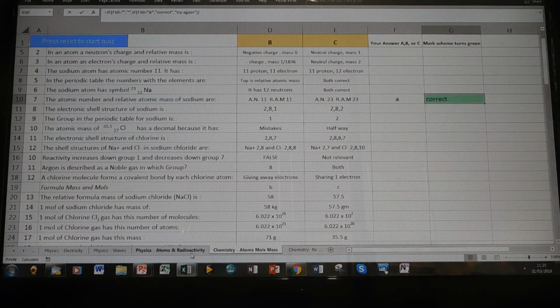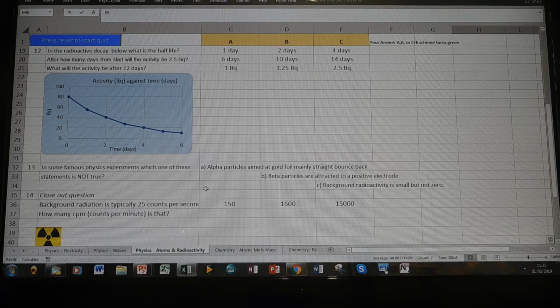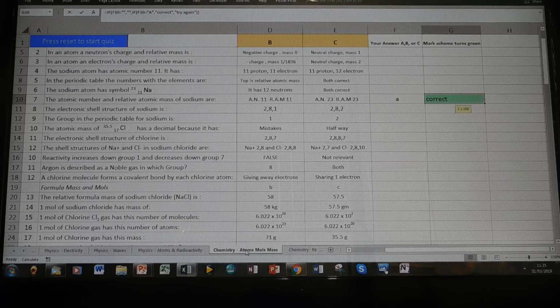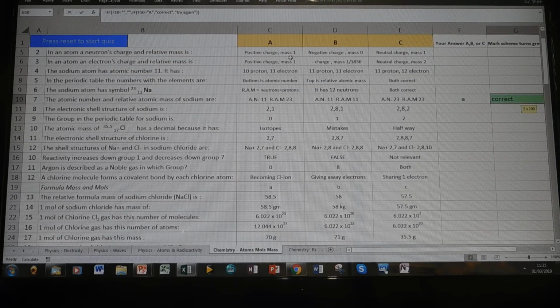If I go back to that one, radioactivity: graphs feature in GCSE Science an awful lot, and this is an example on radioactivity and a graph. This one is chemistry, atoms, mole and mass, and it's maths in a wider sense really.